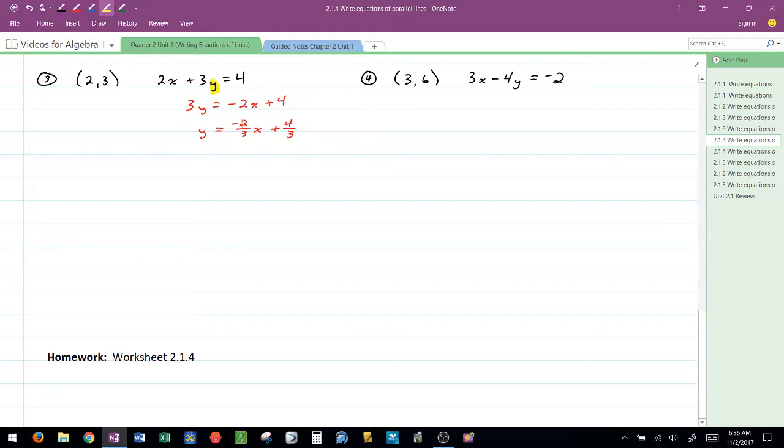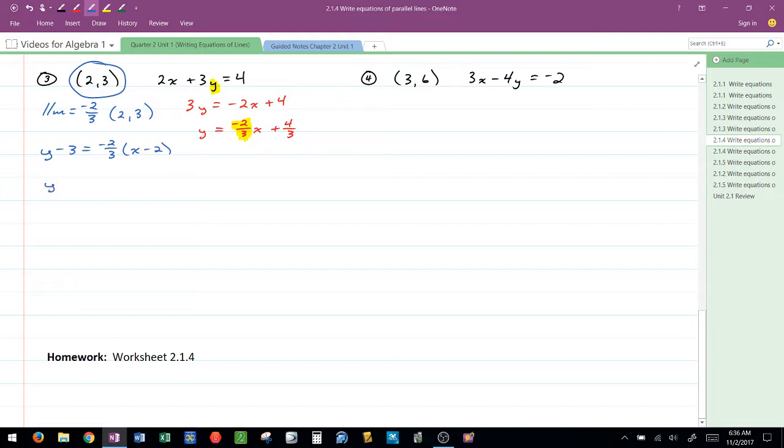Now I'm able to identify what the slope of the given equation is. It's negative 2/3. I take that information. I know that the parallel slope will also be negative 2/3, and they want this new line to pass through this point, 2, 3. Now I go to point-slope. y minus 3 equals negative 2/3 times x minus 2.